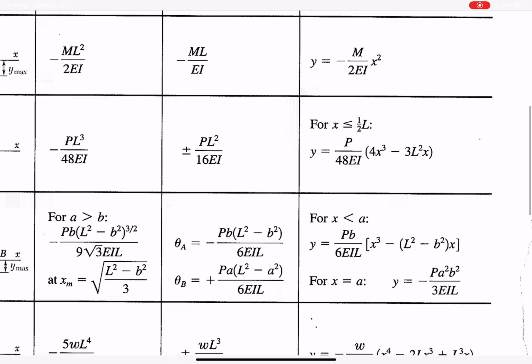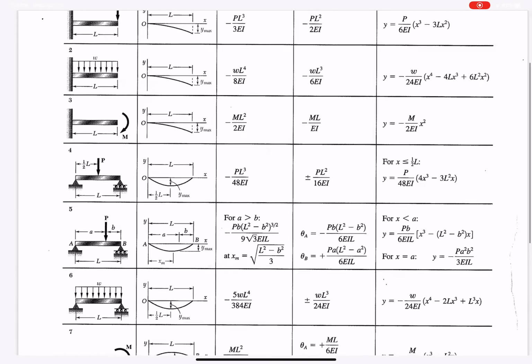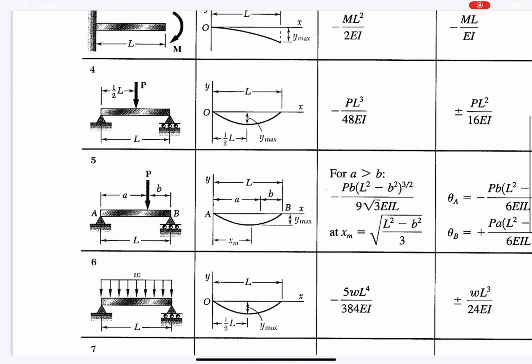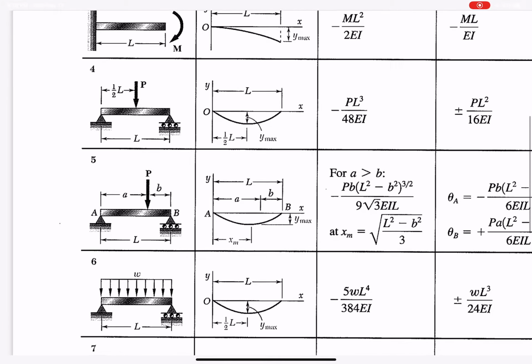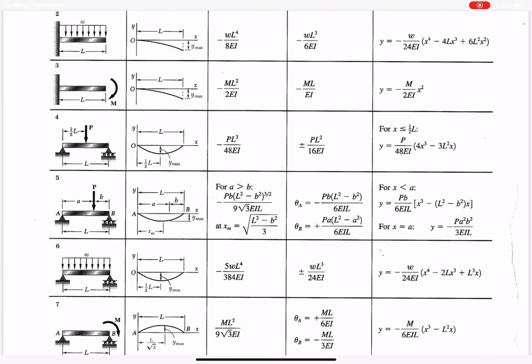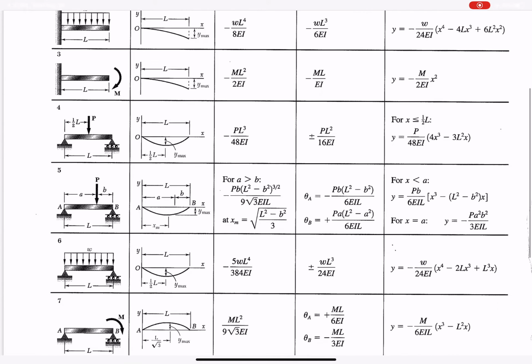For the whole beam, as you can see, the whole beam has length L. So with that, we have to be very creative to apply this figure 5 in this problem.